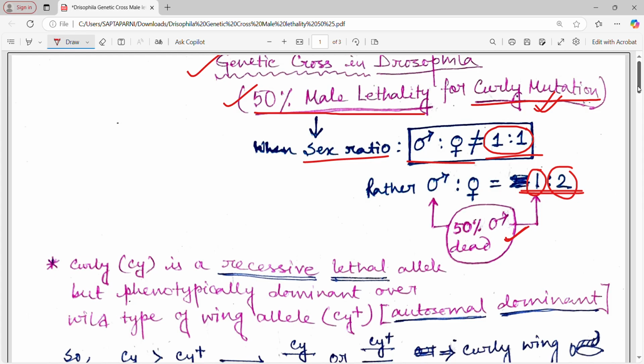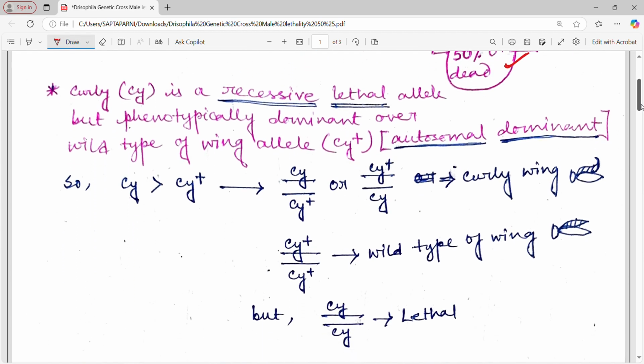So what are the 2 major factors you must remember while learning about Curly mutation? Curly, which is denoted as the Cy allele, is a recessive lethal allele. What does this mean? This means when there is a homozygous condition, like 2 Cy alleles on the second homologous chromosomes of Drosophila, that progeny will be dead.